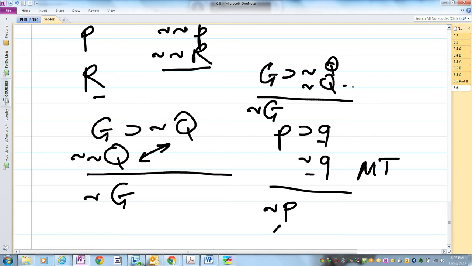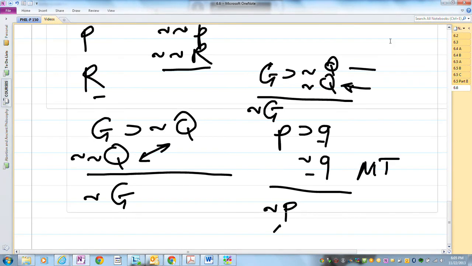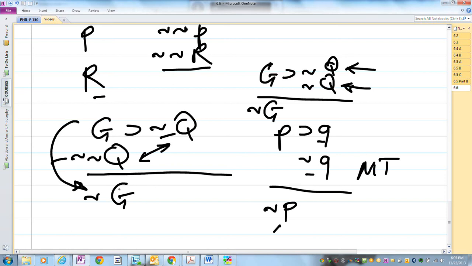The second premise is simply a repetition of the consequent of the first. Not Q is up there, and not Q is the second premise as well. So you need to see a clash between the consequent of the first premise and the second premise. That means the second premise must be the negation of the consequent of the first, and then you can infer the negation of the antecedent.